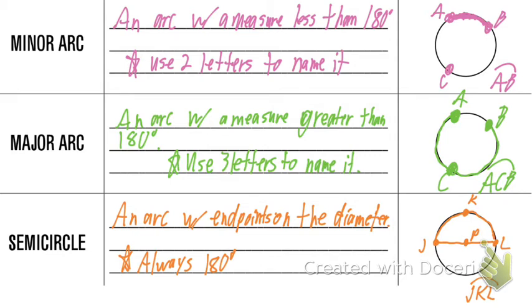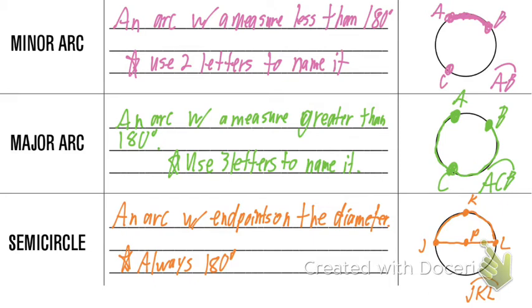Otherwise, we wouldn't know which direction along the circle it goes, whether it's the top portion or the bottom portion. So we have to use that third letter, K, to differentiate that. Does that make sense? Cool beans. If you put it like JLK, then it wouldn't be a semicircle, right? Correct. JLK would be a major arc. It would incorporate everything except for the shortest distance between J and K, the minor arc.